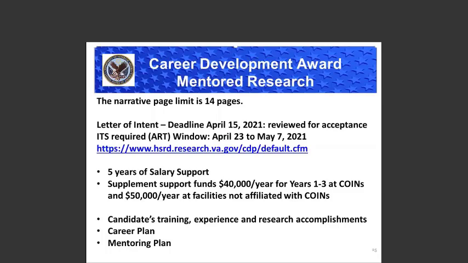So there are two pre-steps for the Career Development Award. The Career Development Award offers 5 years of salary support and supplemental support funds of $40,000 per year at COINs, or $50,000 per year at facilities not affiliated with COINs.